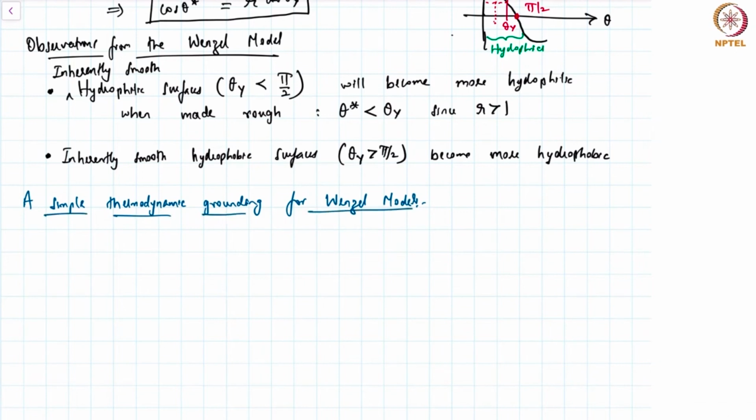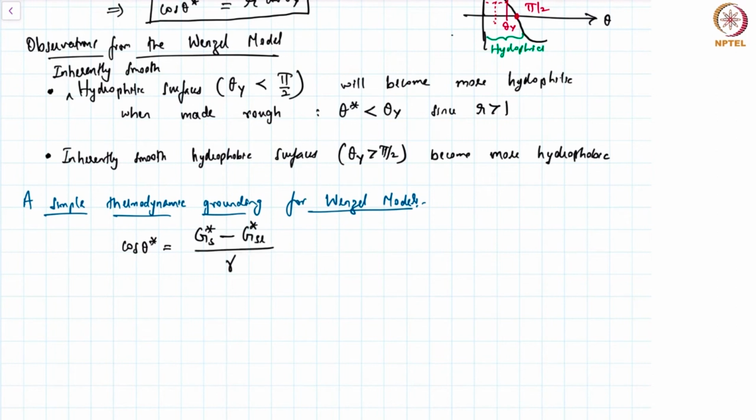So essentially, if you look at the specific surface energies, then we can say the cosine of theta star can be related to the specific surface energy. So in other words, the apparent contact angle in a Wenzel-like wetting state can be written as follows. This will be, let's say, some G_S, let's call it a star, minus G_SL divided by gamma.